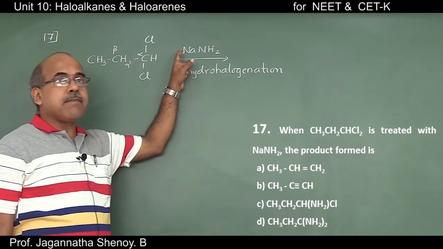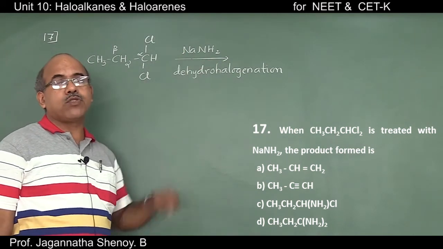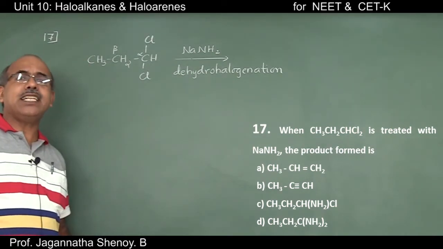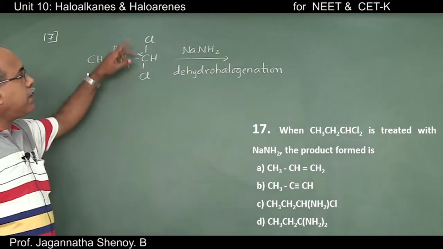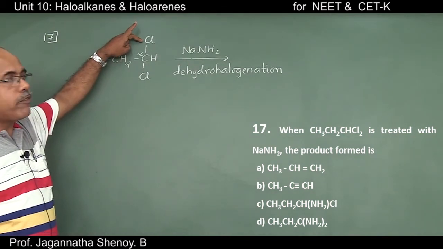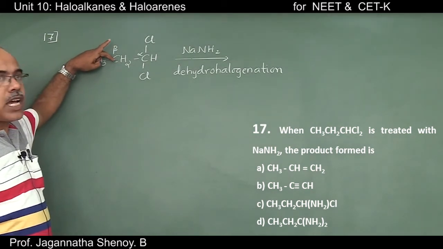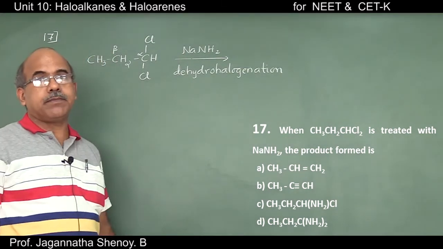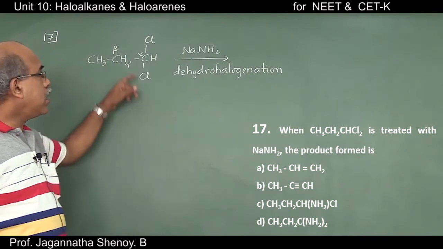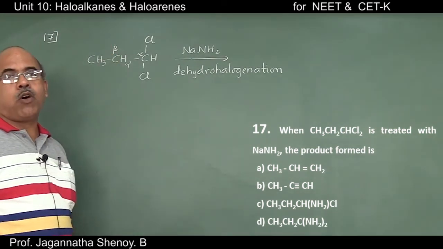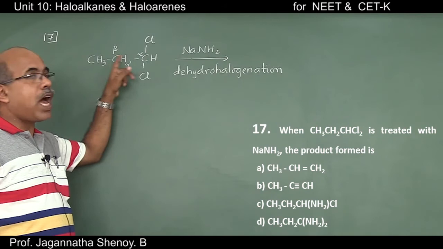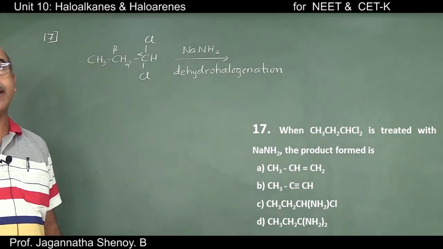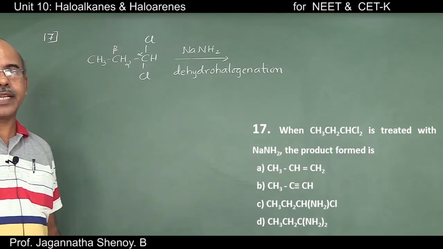But because I'm using a very strong base sodamide, dehydrohalogenation takes place a second time. In the second time, this chloro group will go with one more beta hydrogen that is left on beta carbon atom. Now what should happen? One more bond has to get introduced in between alpha and beta carbon atom. Or in other words, what we get should be an alkyne.